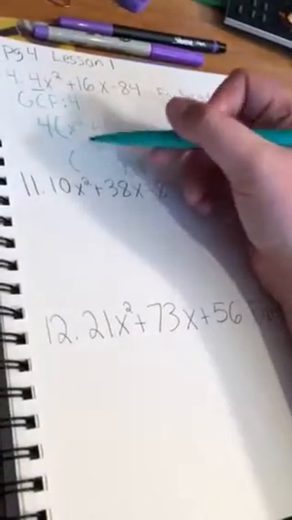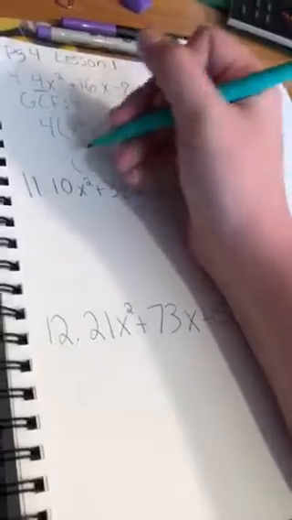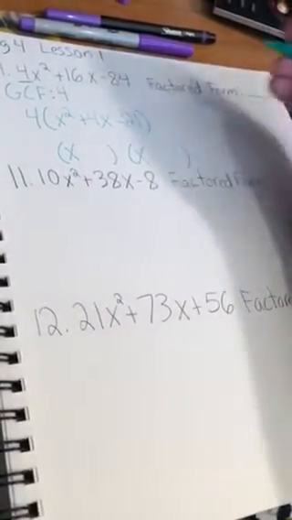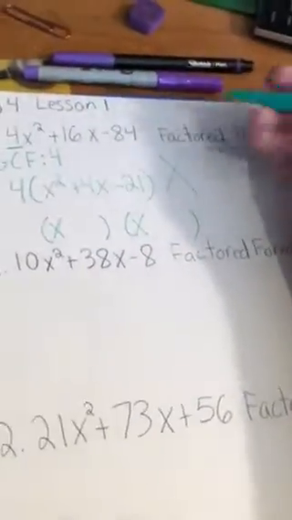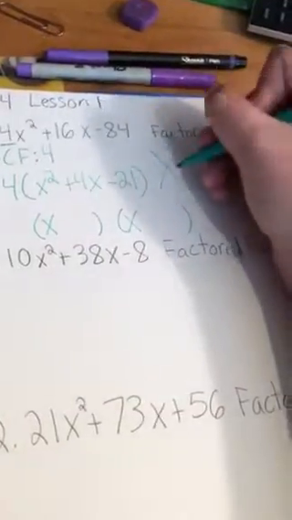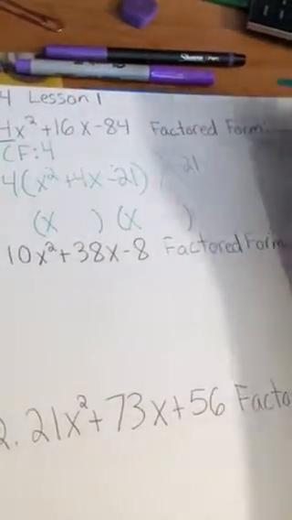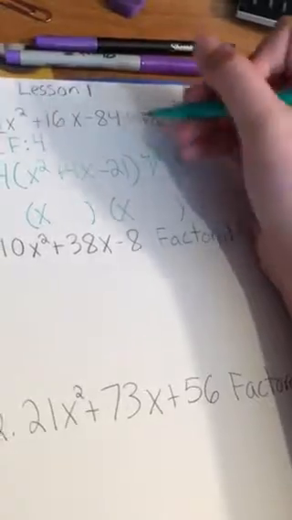And obviously the beginning of both of our parentheses are going to be our x's. Now we can use our different methods to try to factor. So our product is negative 21, and our sum is 4, or our b.